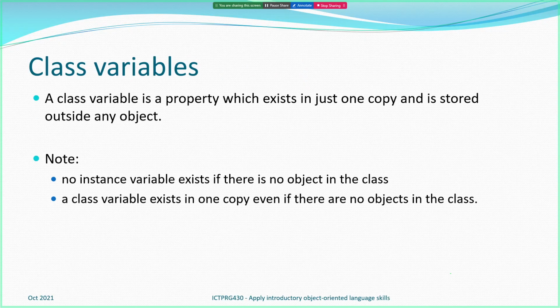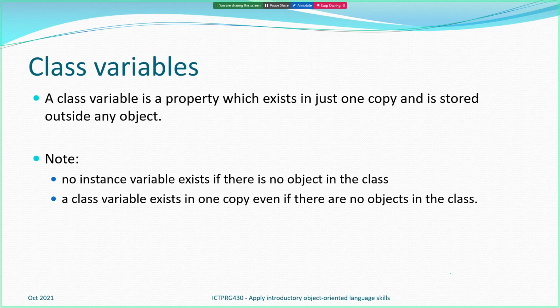Now, the other property that we need to talk about is the class variable. Now, the class variable only resides in the class, so it's not dependent on any object that is generated from the class.